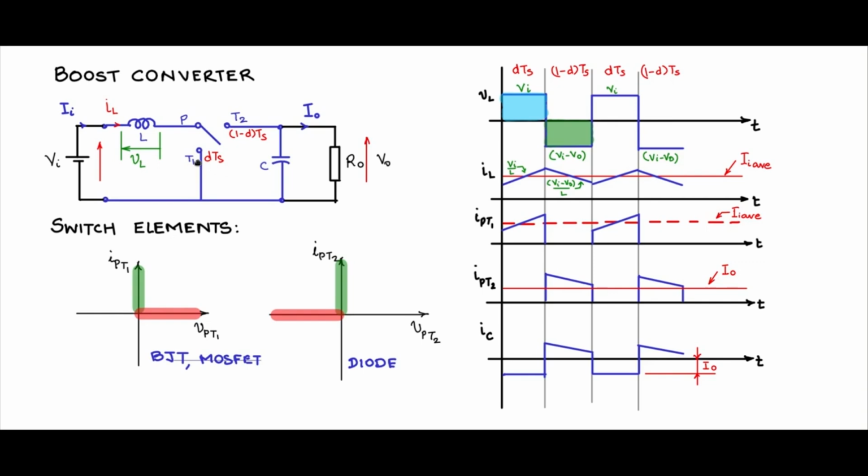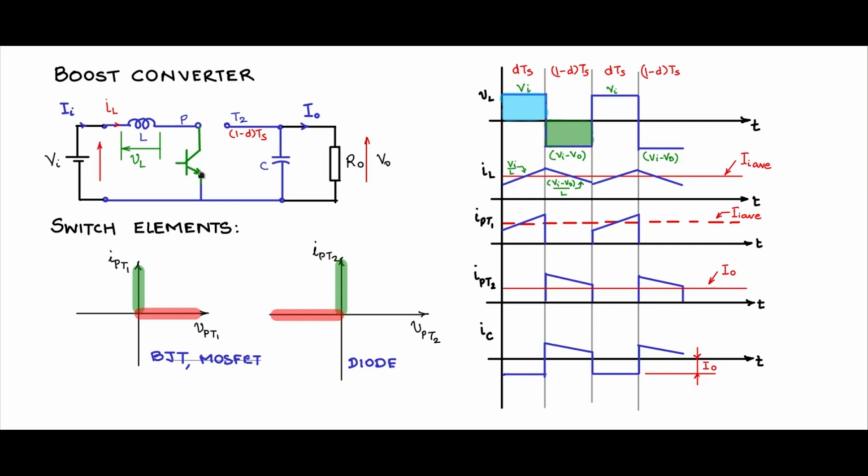Now let us replace this single pole double throw switch with the selected types of switches, let's say BJT or MOSFET, and the diode at their respective places. So let us erase some portion of this PT1 and then introduce a BJT. Wherever I have introduced a BJT, you can as well introduce a MOSFET or also an IGBT. All are valid switches in those places. They are controlled switches.